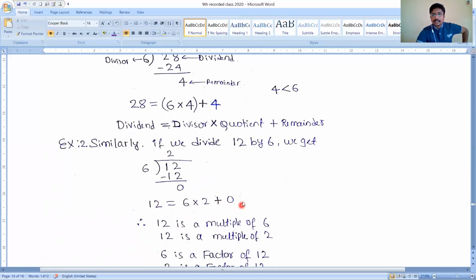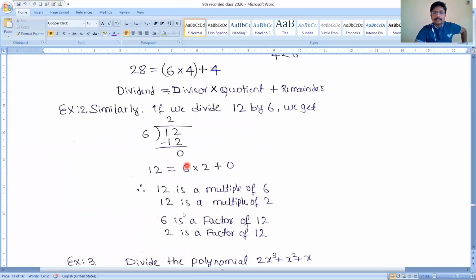If the remainder is 0, then 12 is a multiple of 6 and a multiple of 2, or in other words 6 is a factor of 12 and 2 is a factor of 12. Keep this in mind, because in the next exercise, factor theorem, we are going to use it.